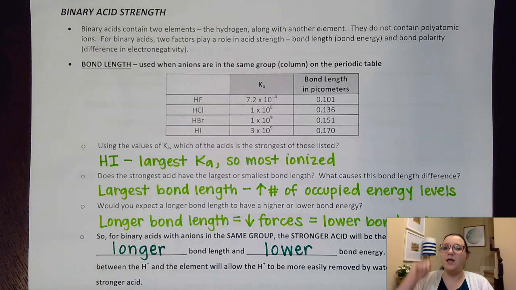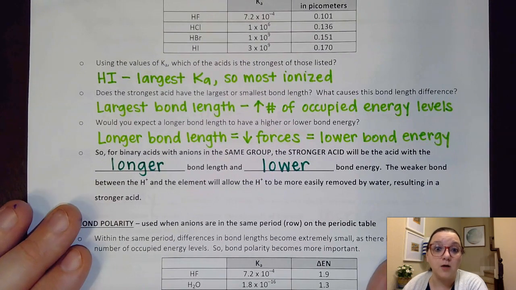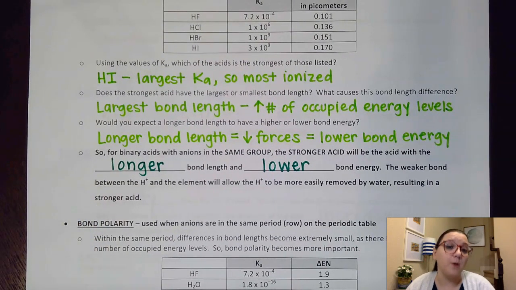So remember, when I have elements that are in the same group on the periodic table, what causes the difference in bond length has to do with the number of occupied energy levels. Hydroiodic has the most occupied energy levels in that iodide in comparison to the bromide, chloride, and fluoride in the other acids. And so therefore it would have the largest bond length. It next asks, would you expect a longer bond length to have a higher or lower bond energy?